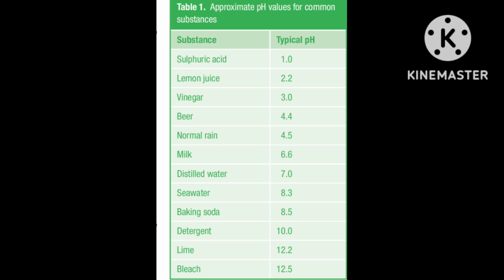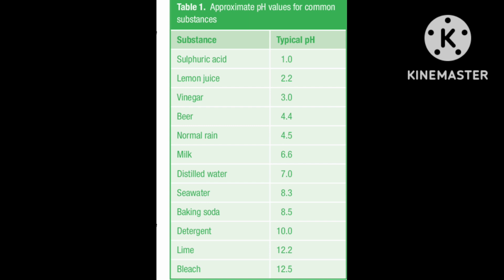In a general way you can also write that suppose B aqueous plus H2O will form BH plus plus OH minus. For this, capital B aqueous plus H2O gives BH plus plus OH minus.